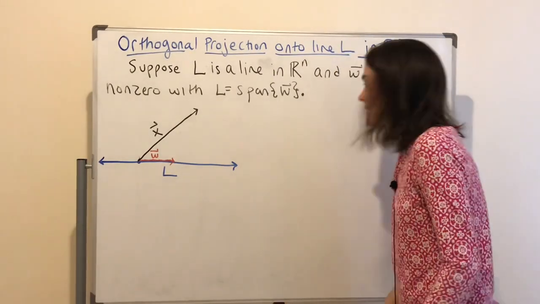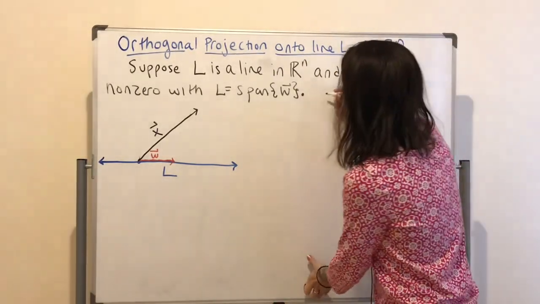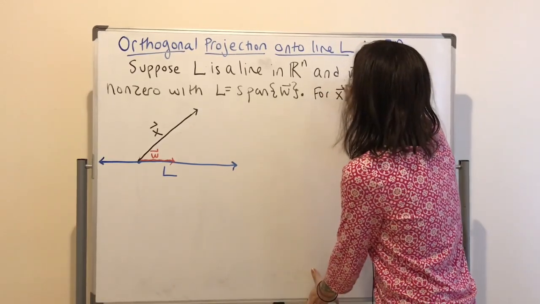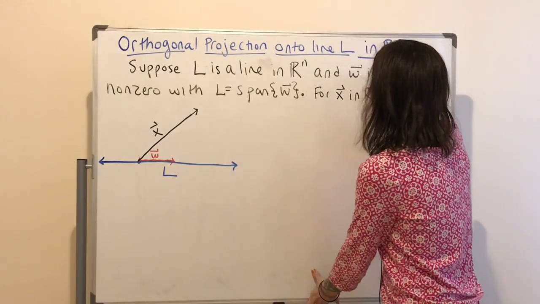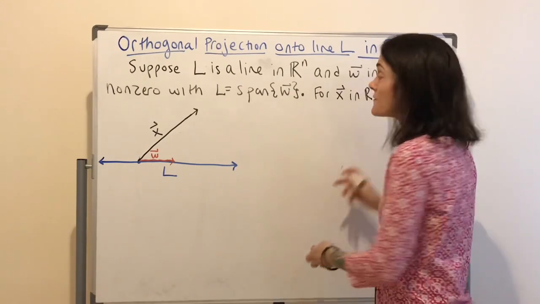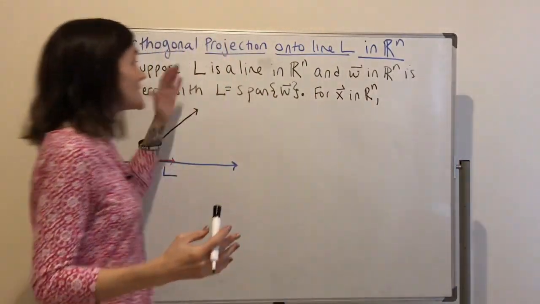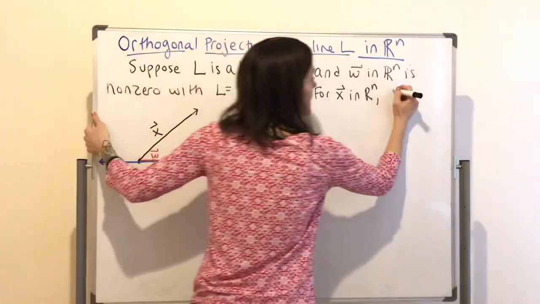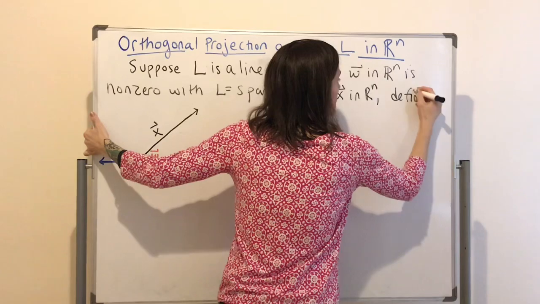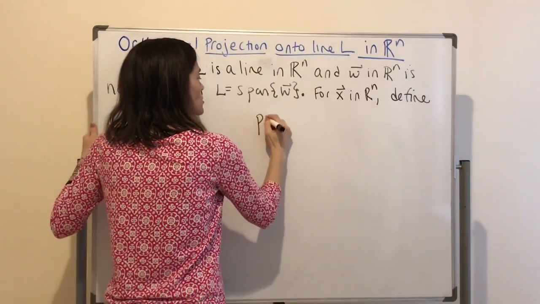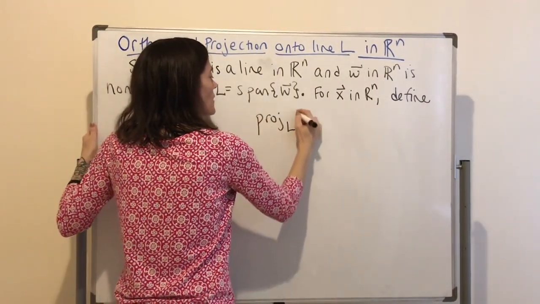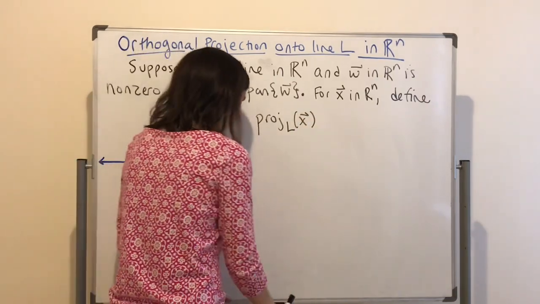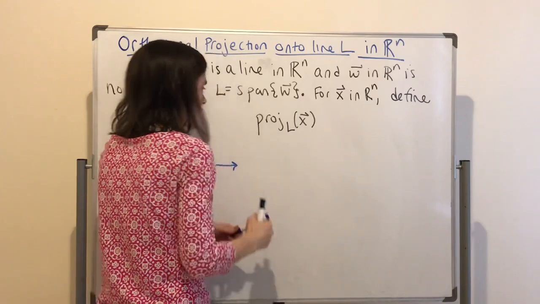Now let's continue. For x in Rn, what I want to do is define the orthogonal projection of this vector onto the line. So we define proj_L of x, the orthogonal projection of x onto L. Maybe I'll write that.